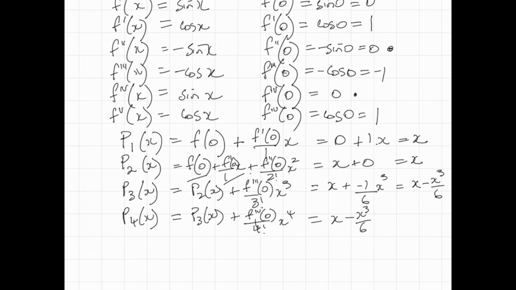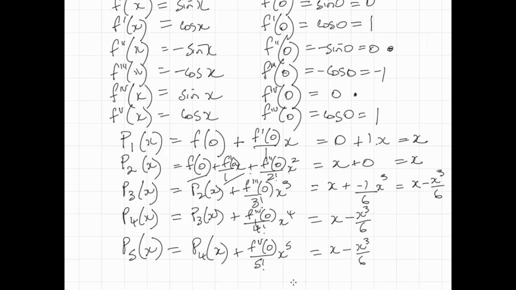And lastly, we pick up the fifth, which was the last one we need, and that's P4 plus the next term, which will be the fifth derivative with 0 in there, all over 5 factorial times x to the power of 5. With that we get, it'll certainly be this one first, so x minus x cubed on 6.